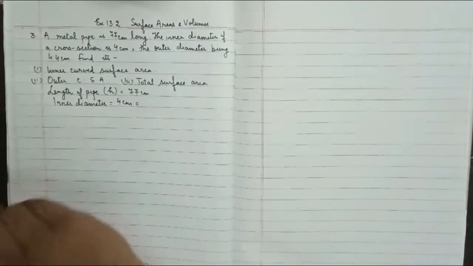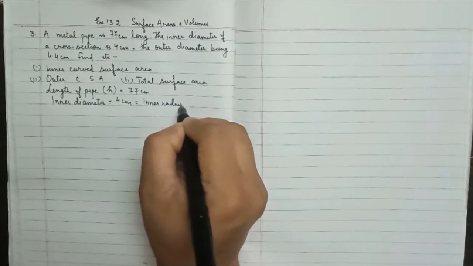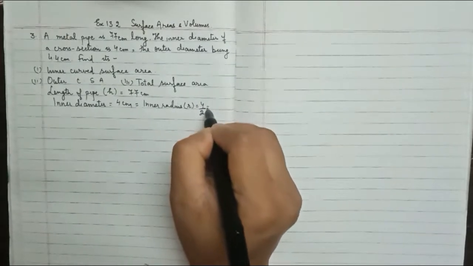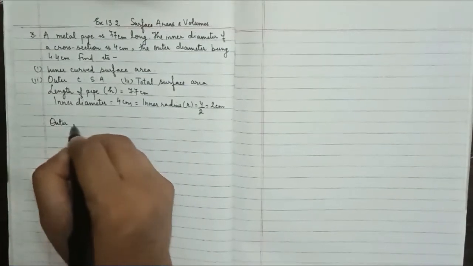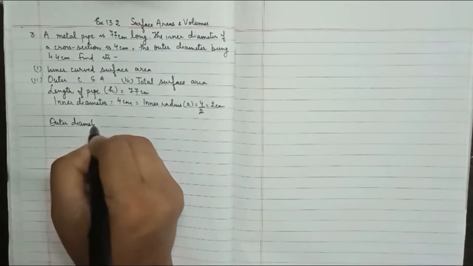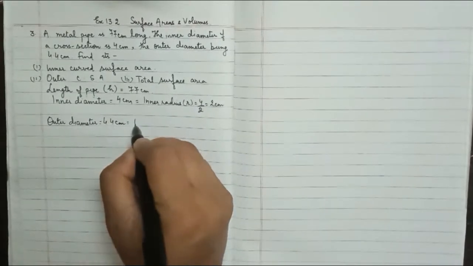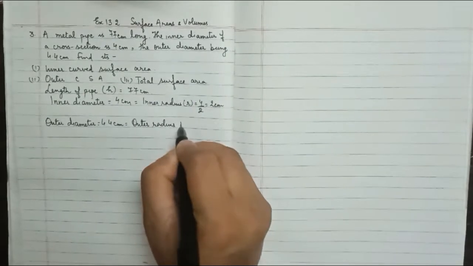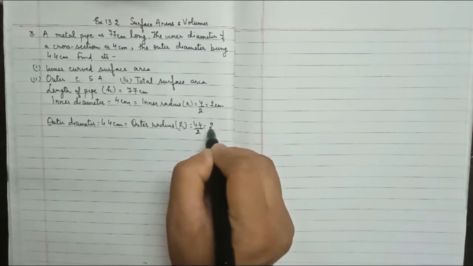From this we will calculate the inner radius, small r, which is equal to 4 by 2, that is 2 centimeter. Then outer diameter is 4.4 centimeter. Outer radius capital R will be equal to 4.4 upon 2, which is equal to 2.2 centimeter.